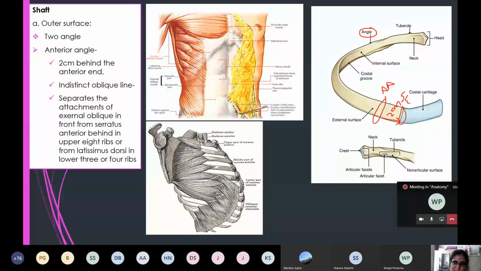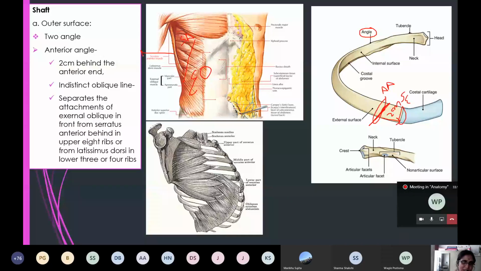There is the presence of an ill-distinct oblique line. This ill-distinct oblique line separates the attachment of the external oblique muscle of the anterior wall of abdomen from serratus anterior in the upper 8 ribs. And which muscle is this?